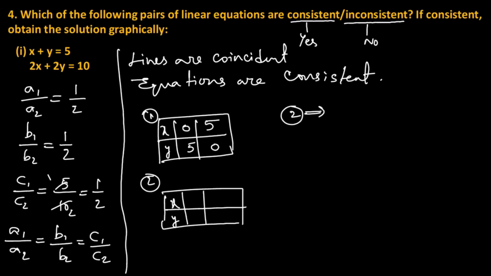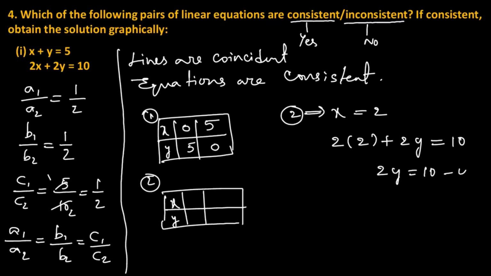Second equation. If I take x is equal to 2, 2 into 2 plus 2y is equal to 10. So 2y is equal to 10 minus 4. y is equal to 6 by 2. y is equal to 3. If x is equal to 2, y is equal to 3.